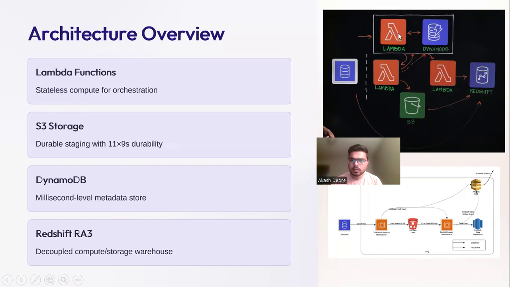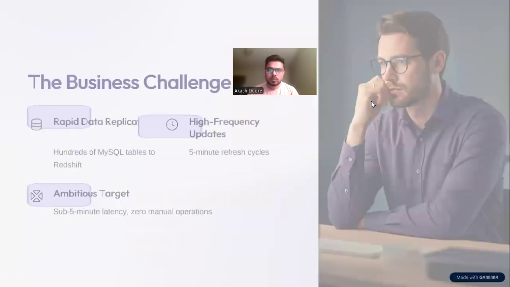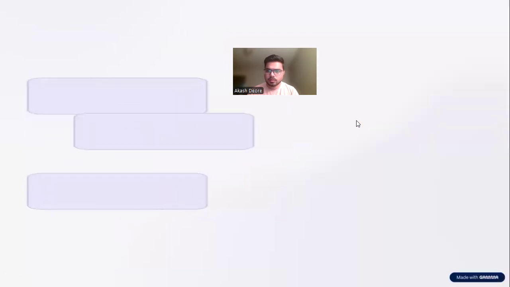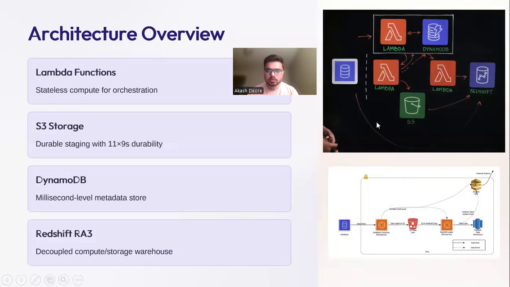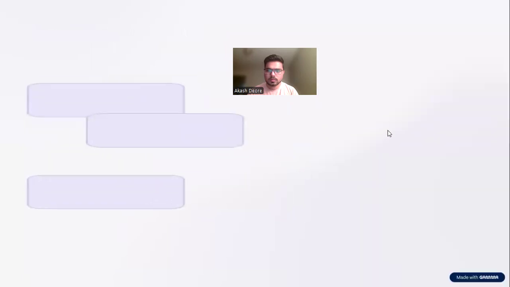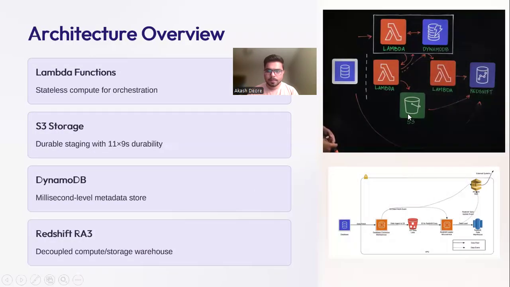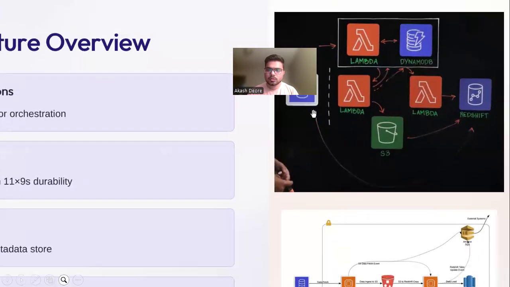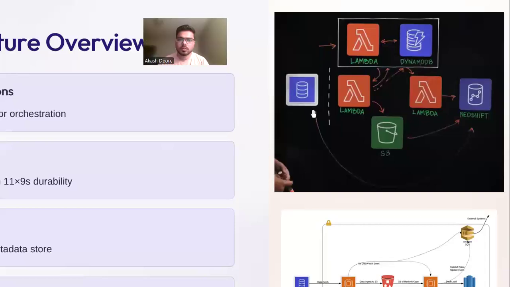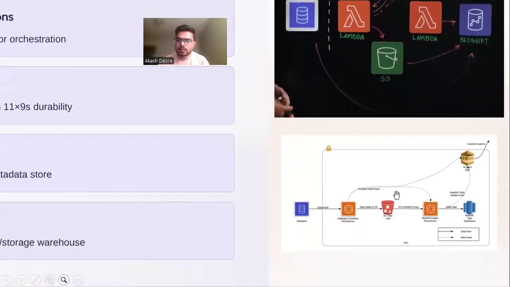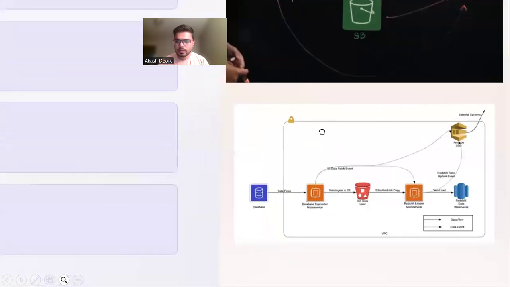So they are basically implementing Lambda to, let me just zoom into this. This is an actual screenshot which I have taken from the video, and this is the architecture that I found on one of the sites.